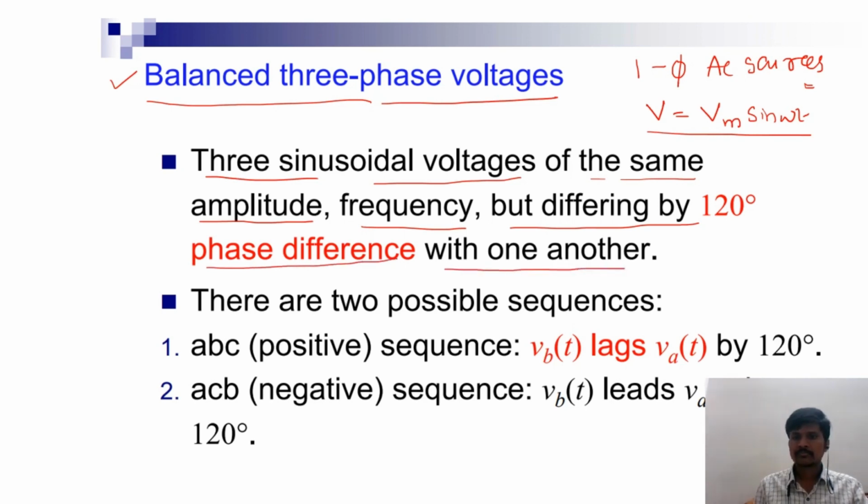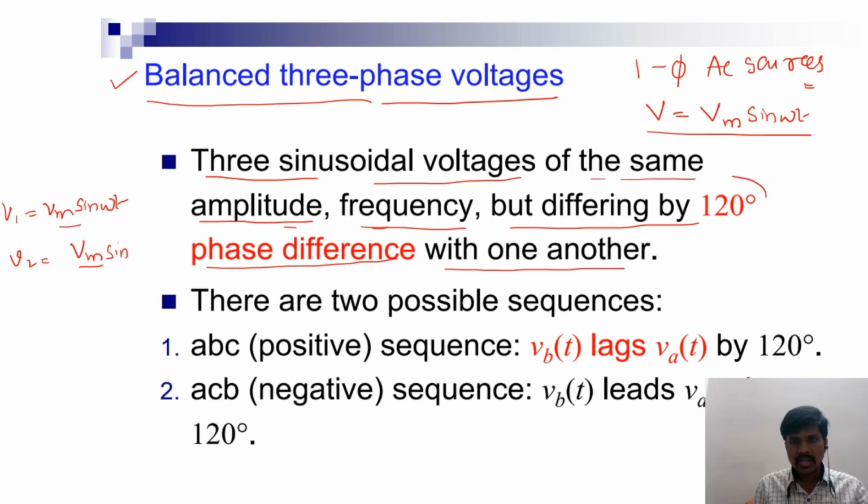The first voltage expression is V1 = Vm sin omega t. The other two voltages: V2 = Vm sin of omega t minus 120. Here amplitude and frequency are both the same. What is the difference?